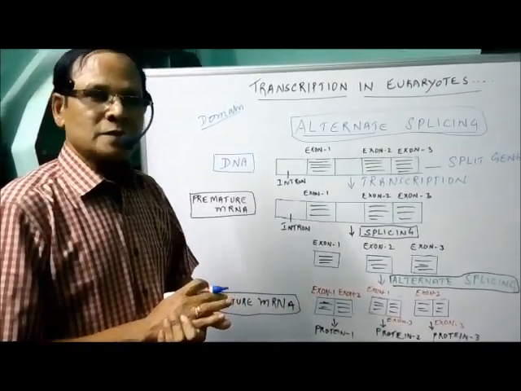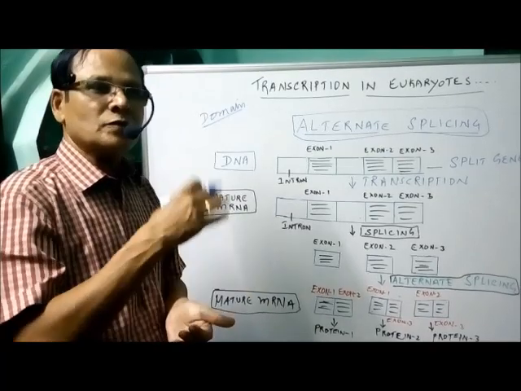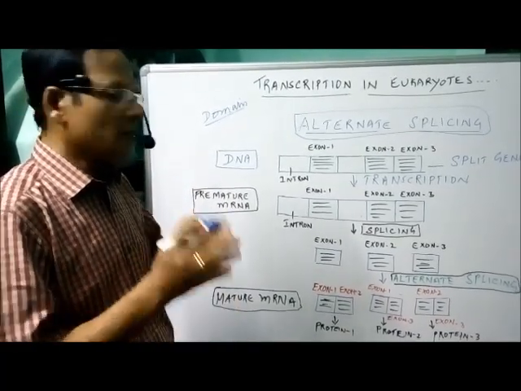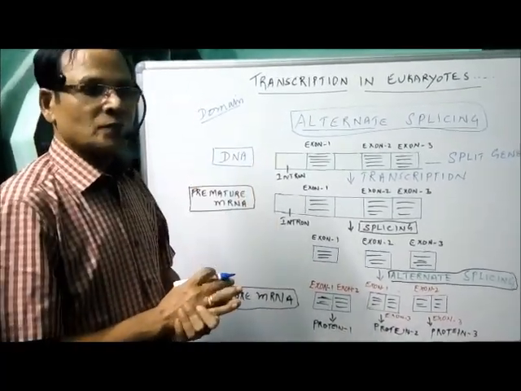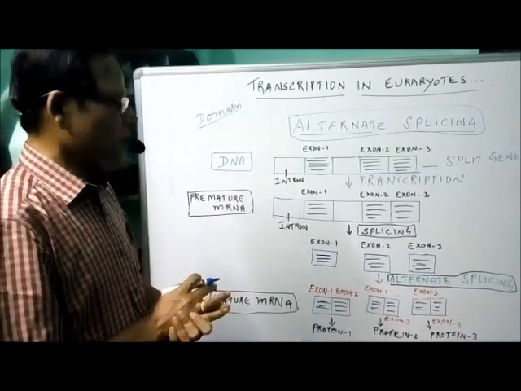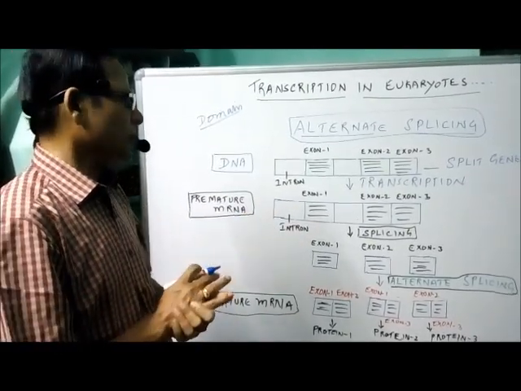So if they arose late, that is after the eukaryotic genes, how did they enter into the eukaryotic genes? That is the question.